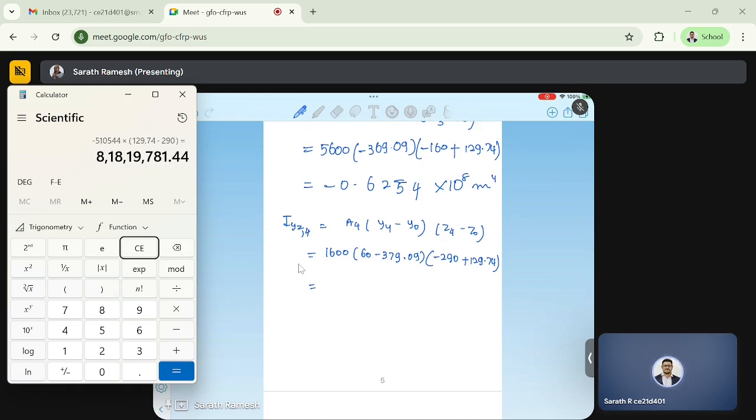This into 10 to the power minus 8 gives us 0.8182 per 4.